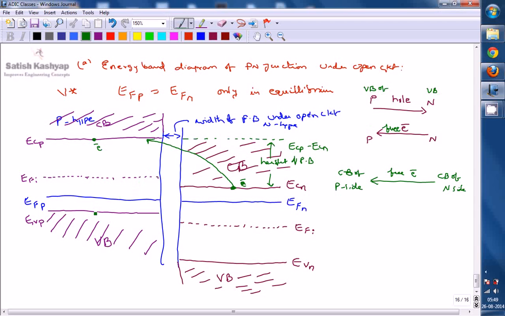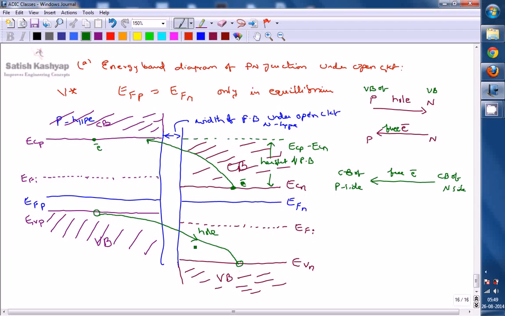The hole is present at a higher value, EVP, and if it comes towards the N side, it is available at the highest energy level of the valence band, EVN. It looks like the hole is moving down, as if it is falling, but actually no hole moves.